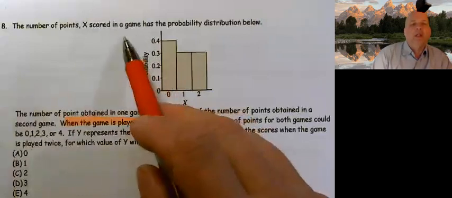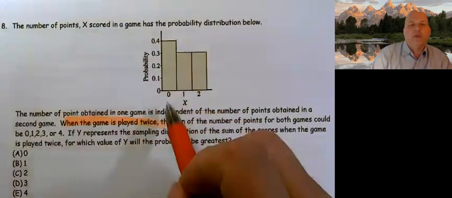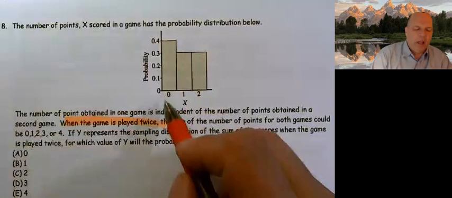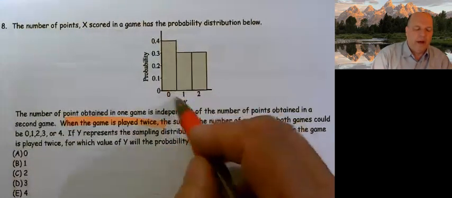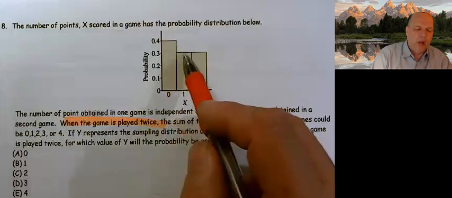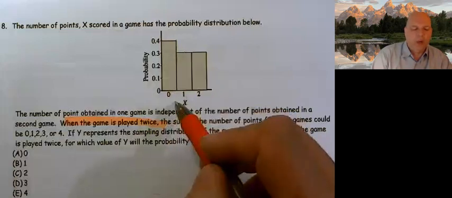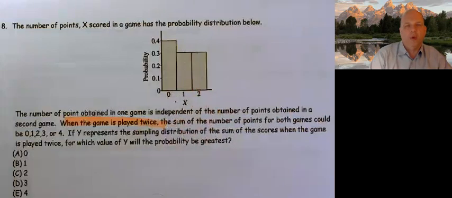They tell me the number of points scored in a game has this distribution. If I play the game once, there's a 40% chance I get 0, a 30% chance I get 1 point, and a 30% chance I get 2 points. Obviously, those sum up to one whole.